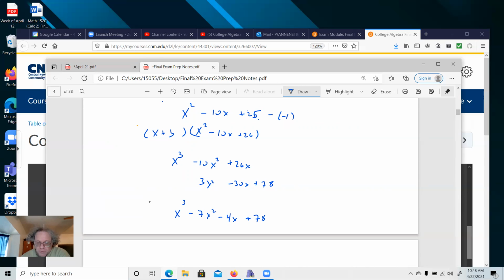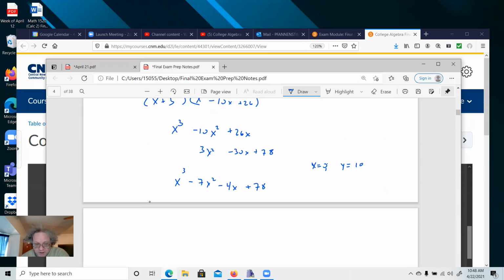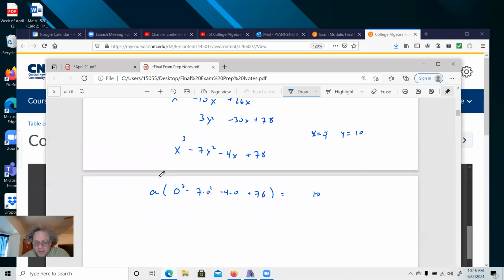One of the other things we're told, though, is that when x equals 0, y is equal to 10. I think that was the, yep, y is 10. So we have to have the right y-intercept here. So we're going to have a constant out in front of all of this to make this happen. So we're going to have 0 cubed minus 7 times 0 squared minus 4 times 0 plus 78. That has to be 10. So we have 78a equals 10. a is equal to 10 over 78.